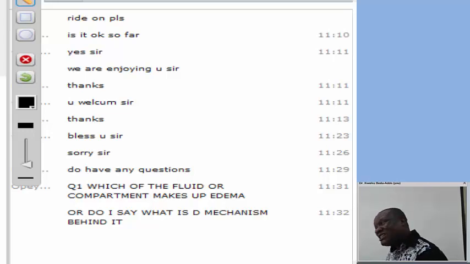Now, the excess filtration is due to the fact that blood is not pumping as it has to be pumped in the venous system. And this is because when you are standing or sitting still, the skeletal muscles are not working and they are not pumping up blood as they should in the venous system.